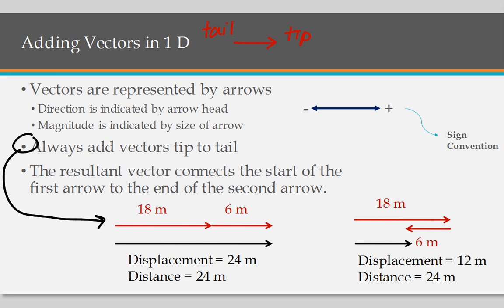So if you take a look at the addition of these vectors, you can see you've gone 18 meters east and then 6 meters west. Altogether, you've displaced 12 meters east, because 18 plus a negative 6 is a positive 12. Your distances, you just add them. Notice the distances are the same, but the displacements are different. And here's the sign convention we talked about in the last slide.